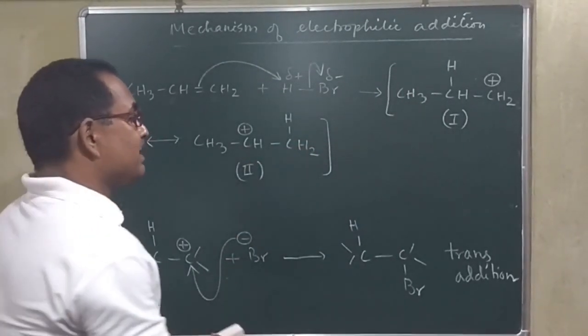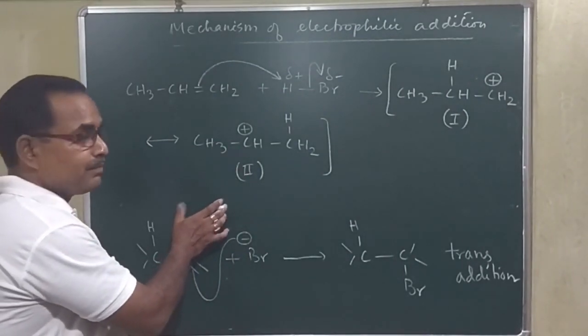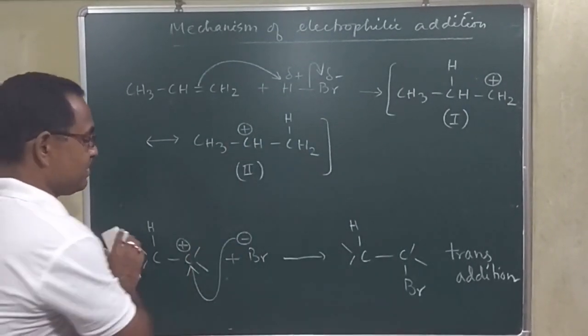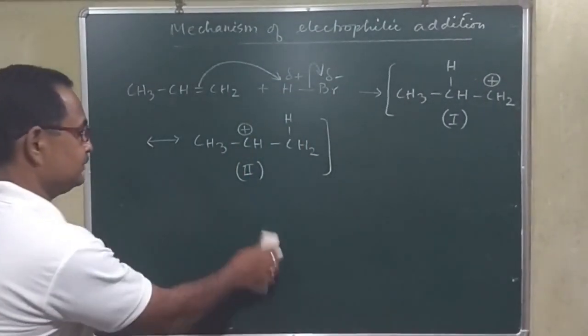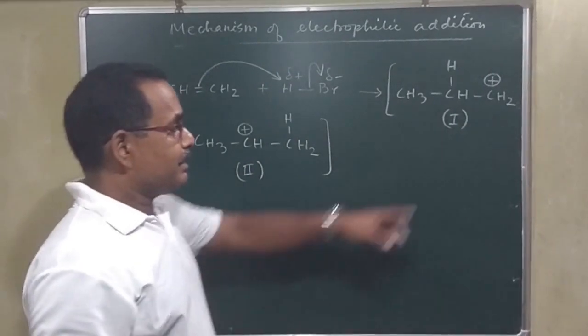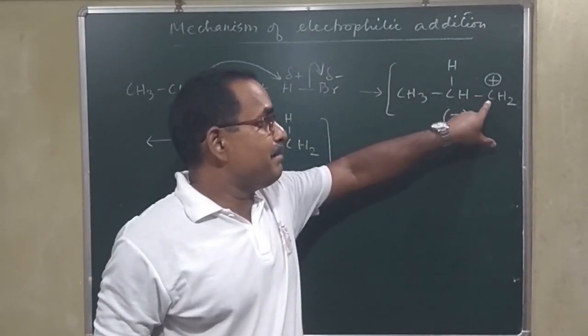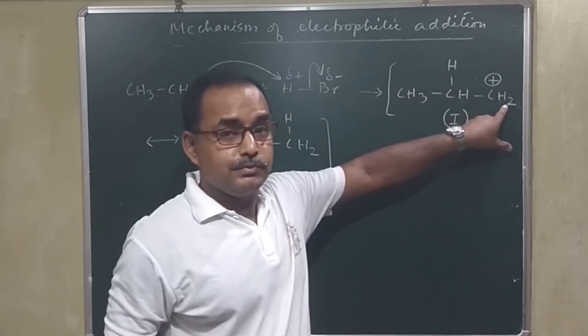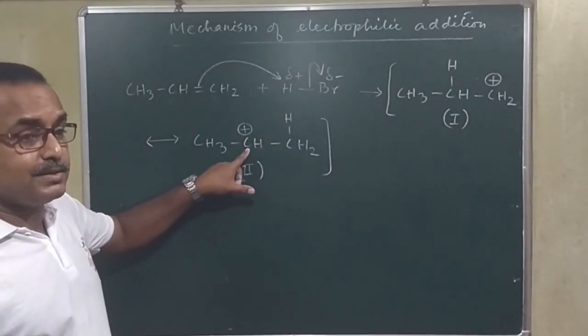Now between these two carbocations, tell me which one is more stable? We know that this is a primary carbocation. The cationic carbon is primary because it is CH2. But this one is secondary, it is CH.